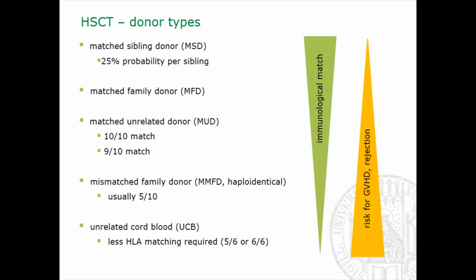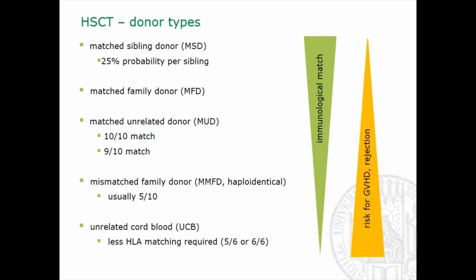So usually they would be a 5 out of 10 match. Sometimes there could be some commonality by coincidence. It could also be a 6 of 10 or 7 out of 10 match, but we would still call that a haploidentical donor.